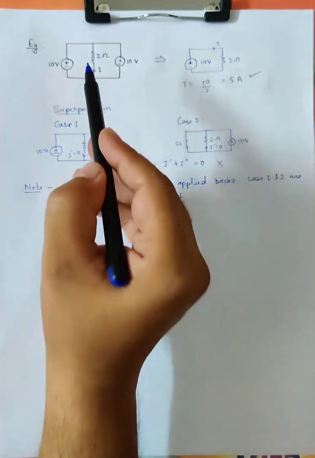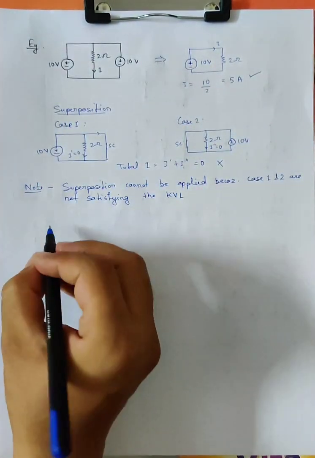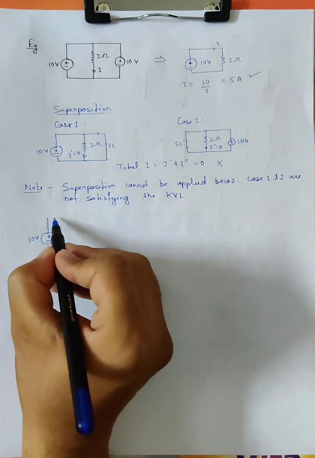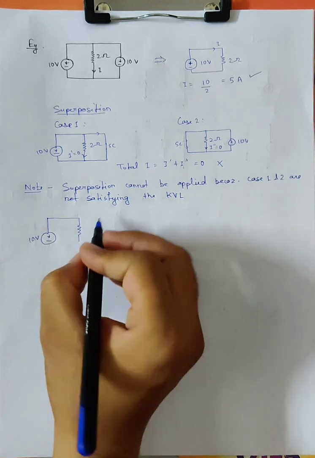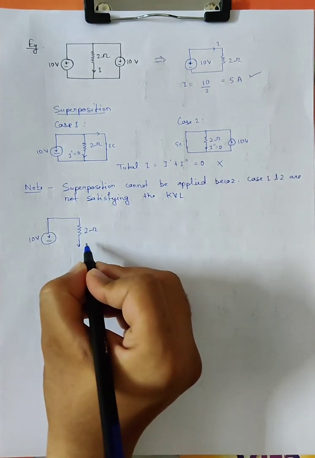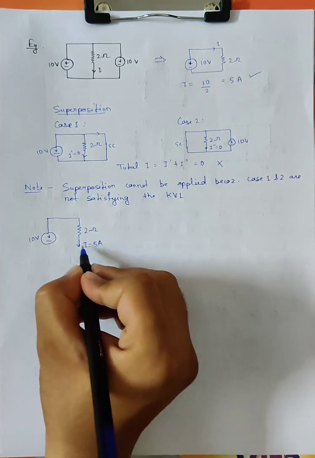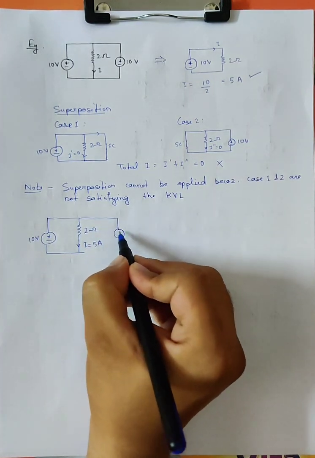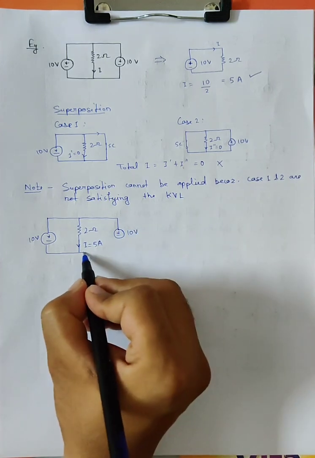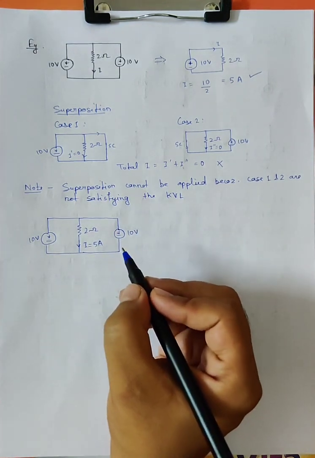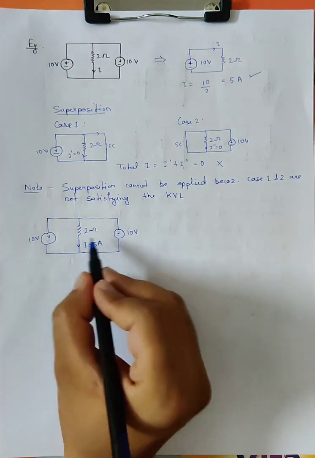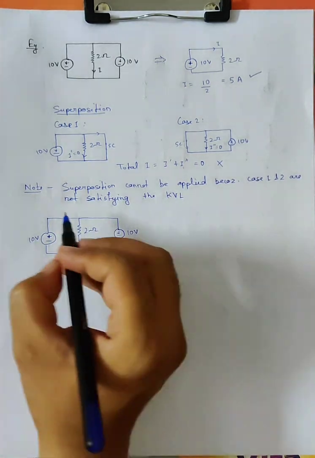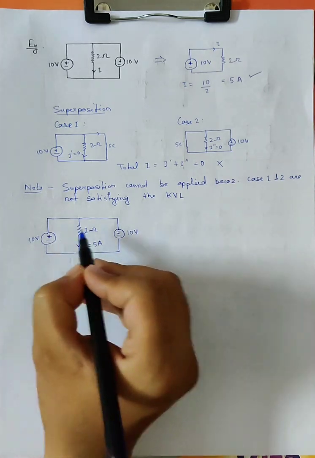Let's again draw this circuit. If we want to calculate the power delivered by both the voltage sources, we can solve it like this.